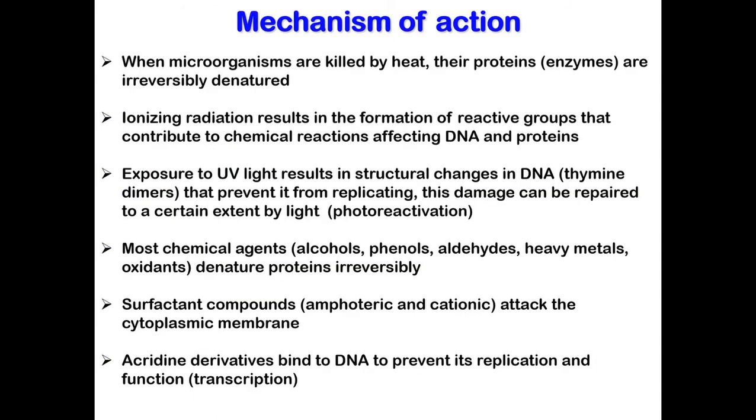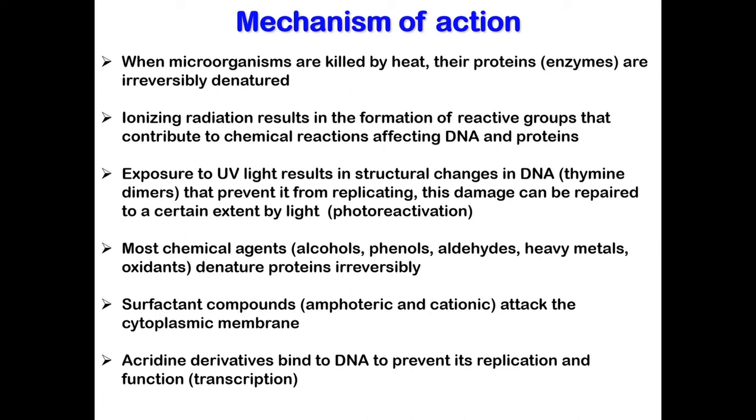So we'll next just discuss briefly the mechanisms of action of the different methods of killing microbes. We'll go into more detail with each method later on. But just briefly, antimicrobial agents can be physical, such as heat and radiation, or chemical, such as ethanol or chlorine.